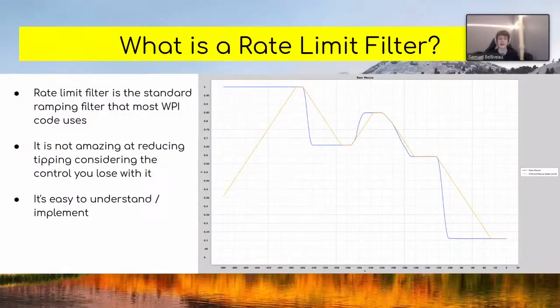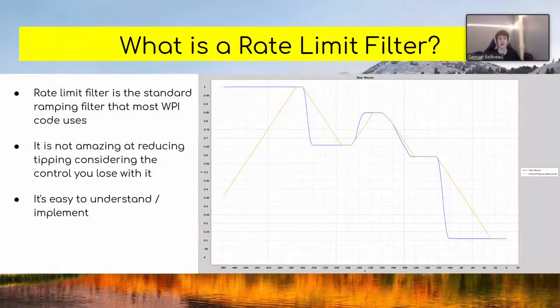It's not amazing at reducing tipping or power consumption, considering the amount of control that you lose. A lot of the times, these filters have advantages such as lower power use, better consistency, or less tipping. They come at the cost of having less control over the robot. So the rate limit filter isn't really a great balance between the two.